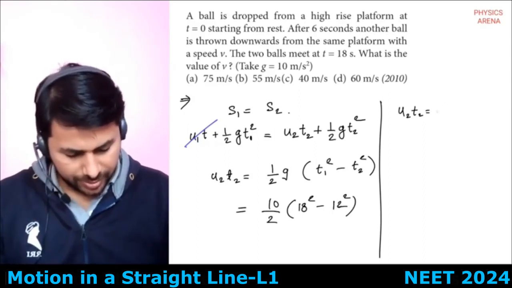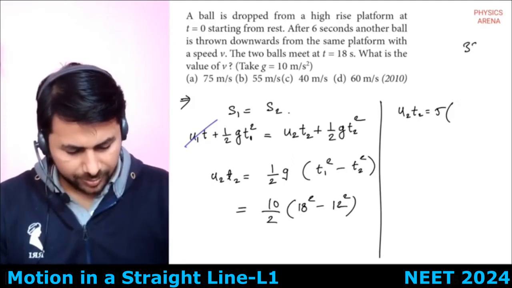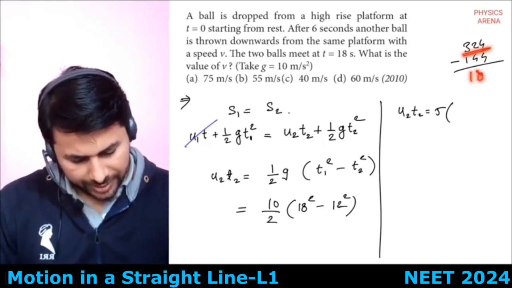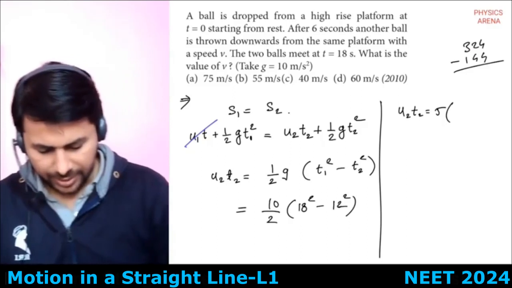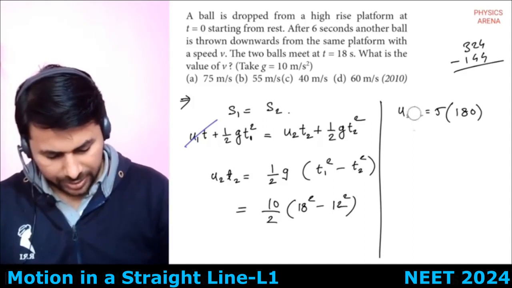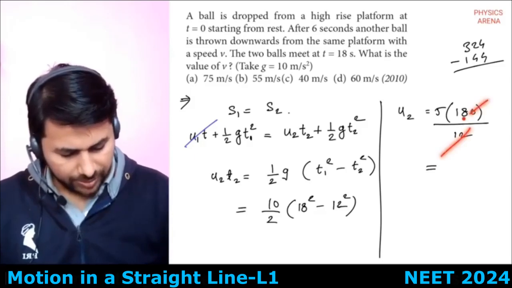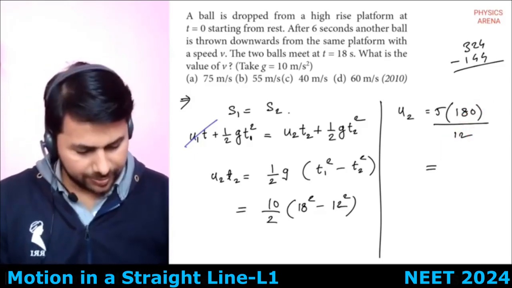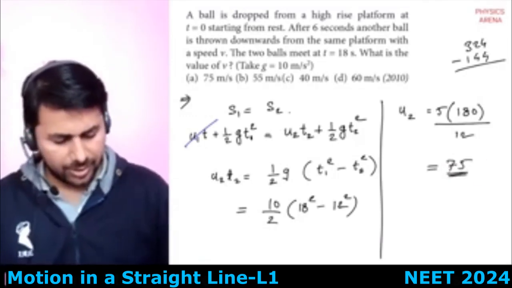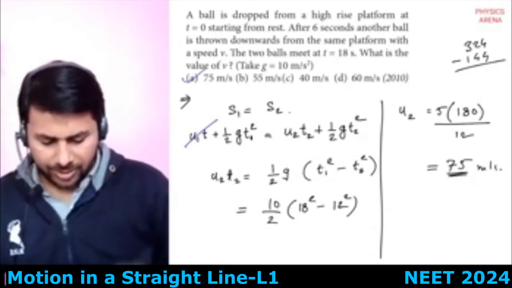So this is 5 times 324 minus 144, which is 180. So 5 times 180, and t2 is 12, so move that 12 to the other side. 15 twelves are 180, so this is 15 times 5, which is 75 meters per second. So the answer is option A.